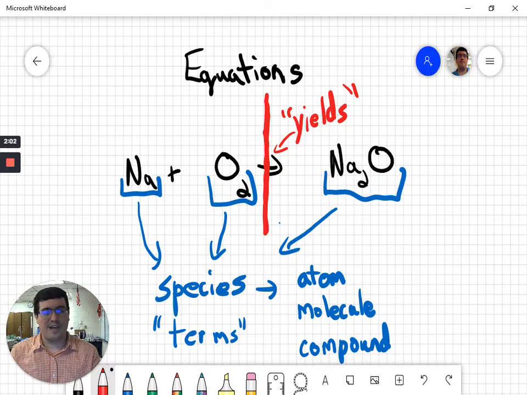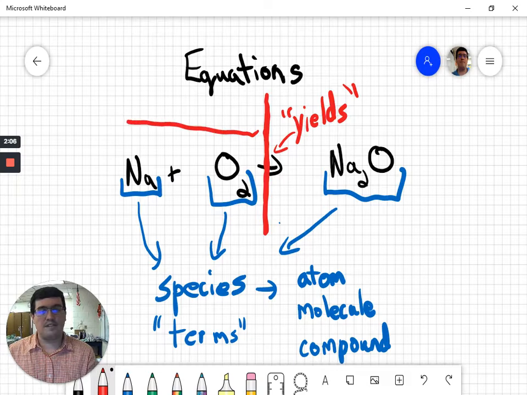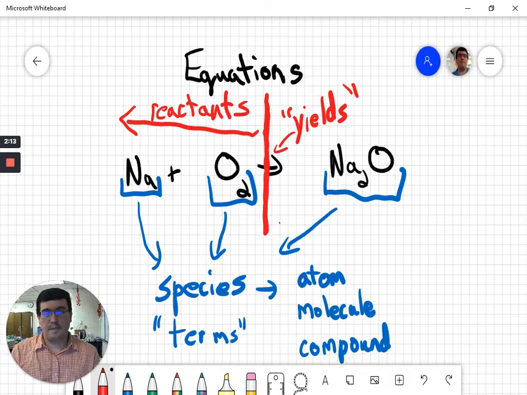The yields arrow divides it into two different pieces. The piece on the left is what we call the reactants. So all these species on the left-hand side are reactants of this chemical equation. We have sodium reacting with oxygen to generate sodium oxide. The stuff on the right is what we call the products.